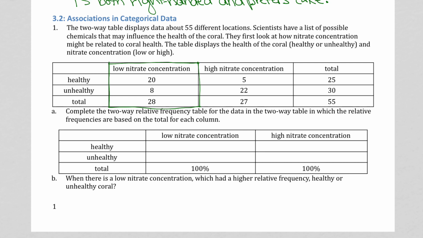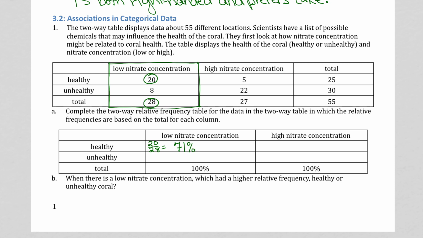We're looking at the column, though, so 28. We're going to divide the number of healthy coral by the total in the low concentration. Oh, not 25, 28. Sorry, I'm just going to rewrite that. 20 divided by 28 is 71%.